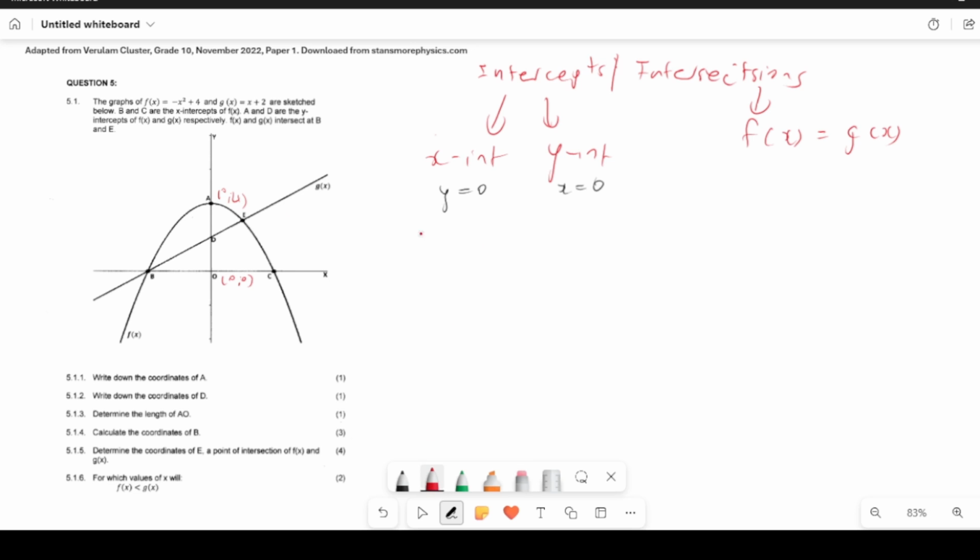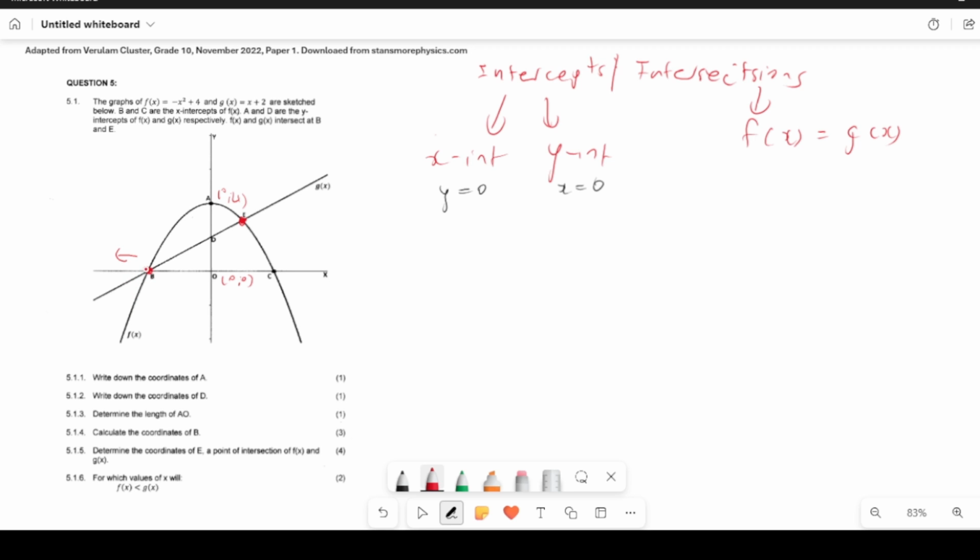Like, let's see in our case here. At these points, B and E, the functions have the same x value and the same y value. However, when I move to the left, what happens to the y values? The y value of one function is different to that of the other. Can you see that?